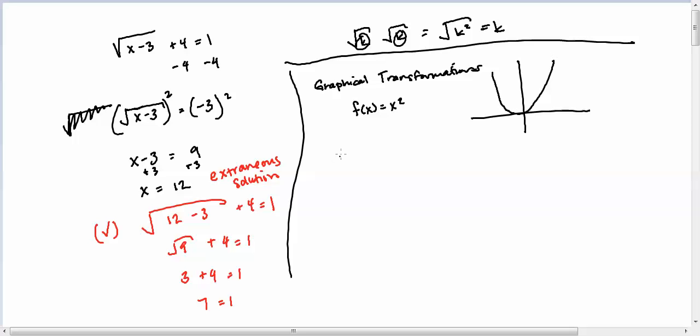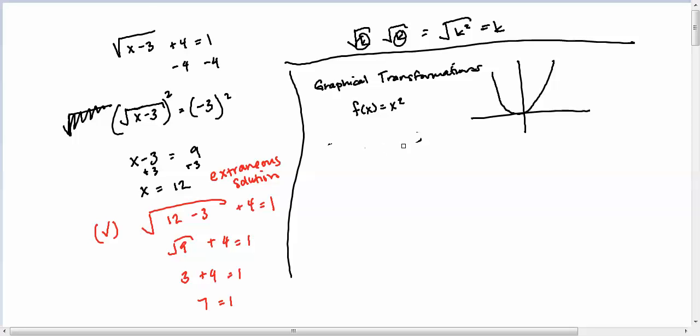And now if I had f of x plus some number like 3, that would be x squared plus 3, and we know how to graph that. That is actually a parabola that has been moved up.